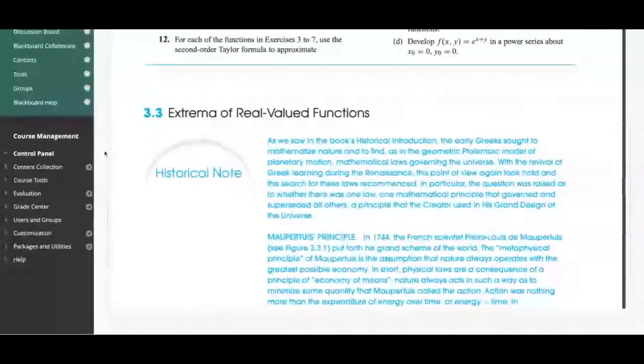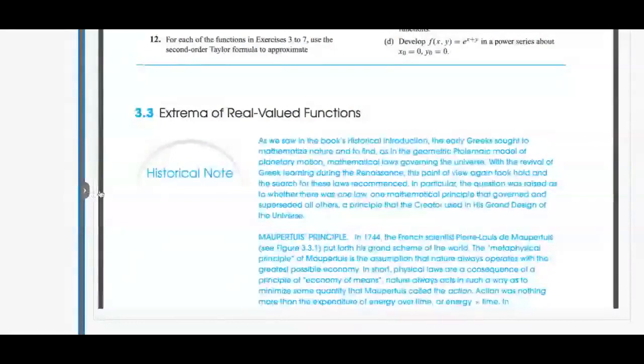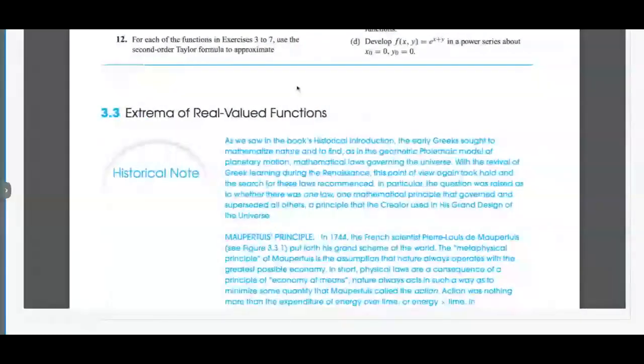Okay, extremes, critical points, which Yuri already explained to us a little bit.